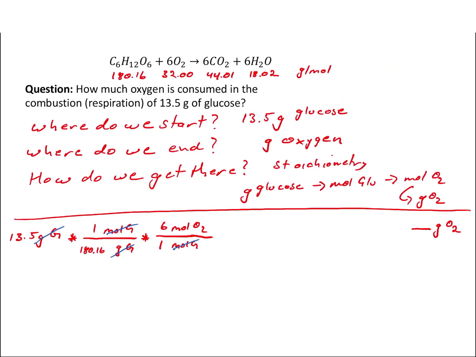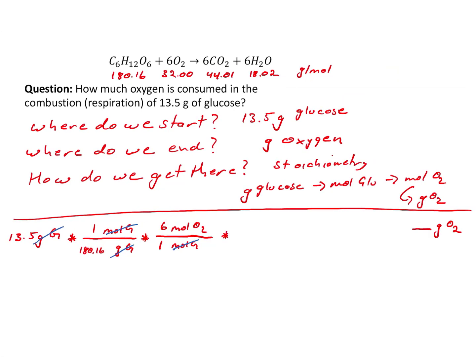And then the last thing that I need to do here is convert the moles of oxygen into grams of oxygen, because that's the unit that I'm interested in. So I will put moles of oxygen in the denominator, because that's what I'm trying to get rid of. And the numerator is 32.00 grams of oxygen for 1 mole.